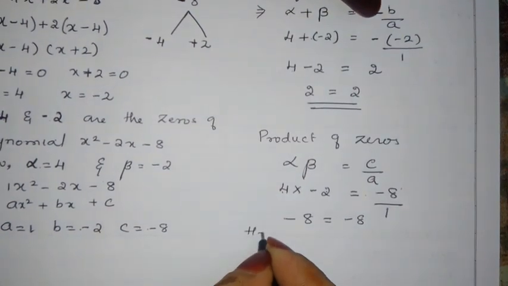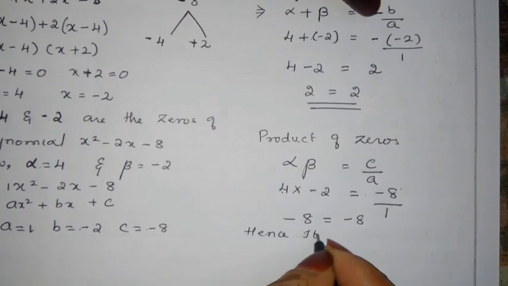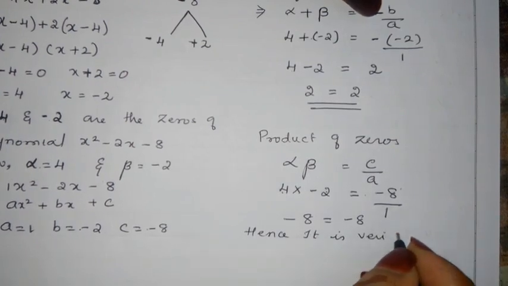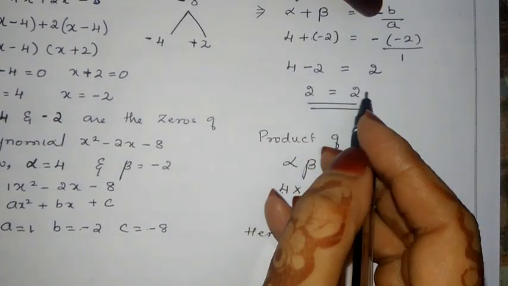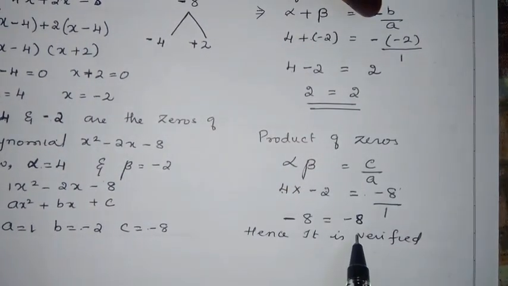Hence it is verified, because both answers are the same. Here also 2 equals 2, and here minus 8 equals minus 8.